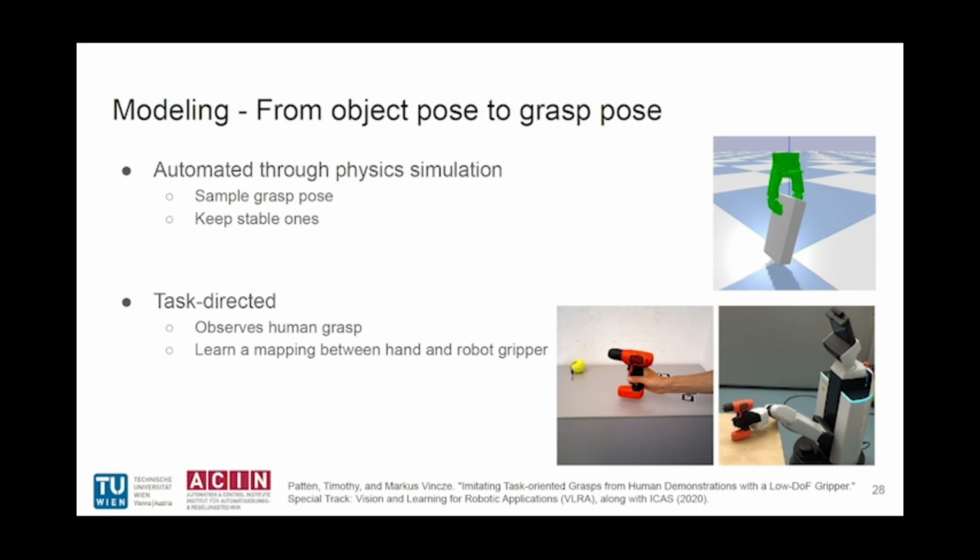If you work with a simple gripper, like a two-finger gripper, you can just simulate it, and whatever is stable as a grasp is good enough. That's simple and fast, and so you can straightforwardly and automatically compute it for every new object model you have.